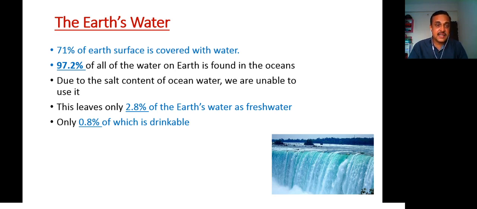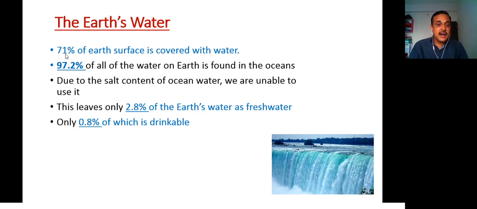Earth is commonly referred to as the blue planet, because 71% of its surface is covered with water.